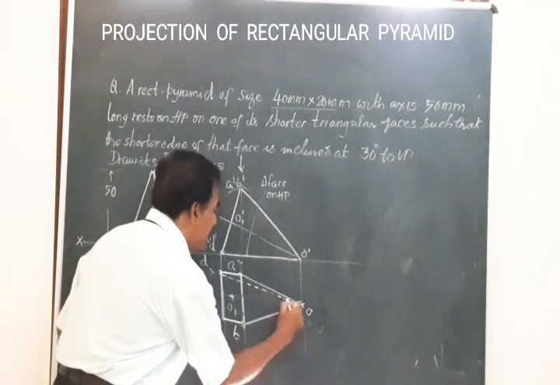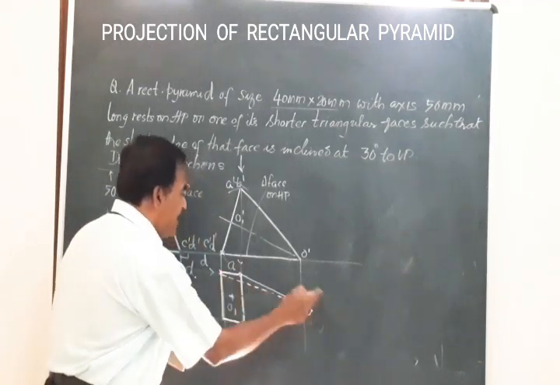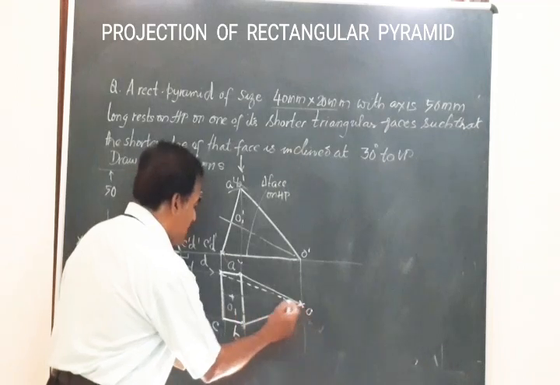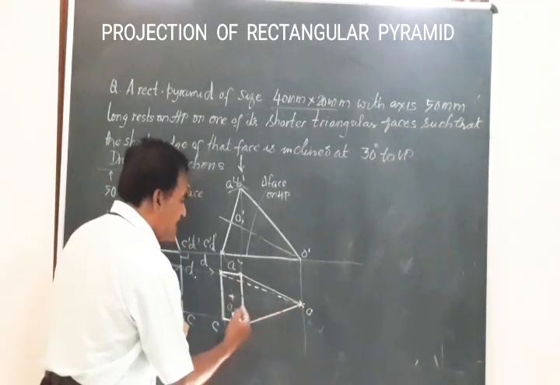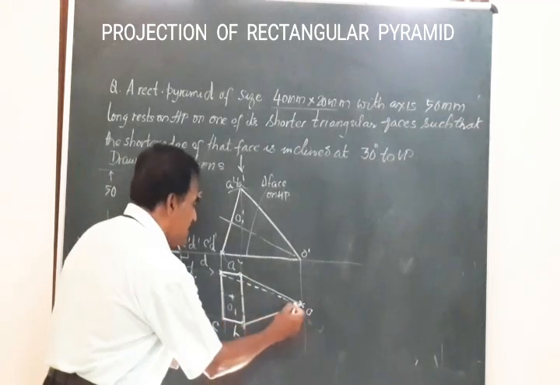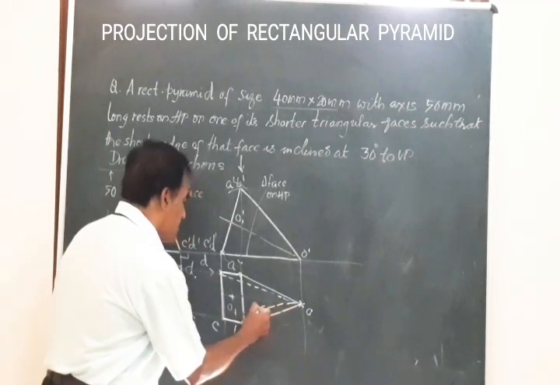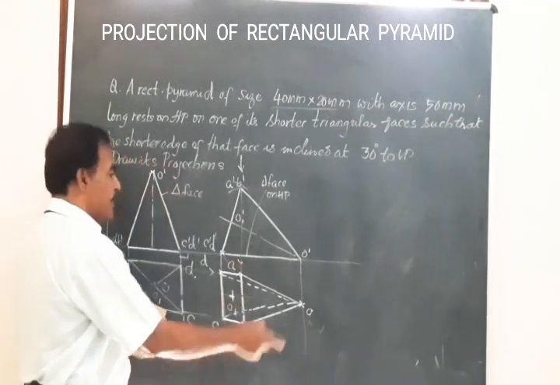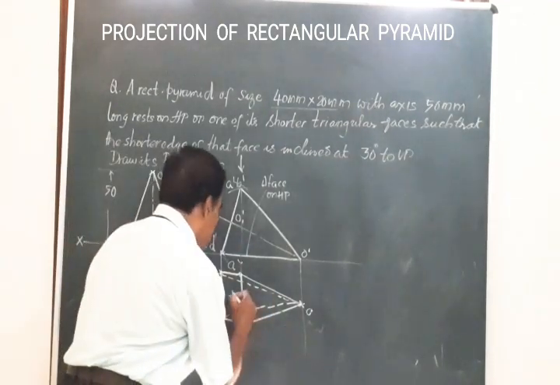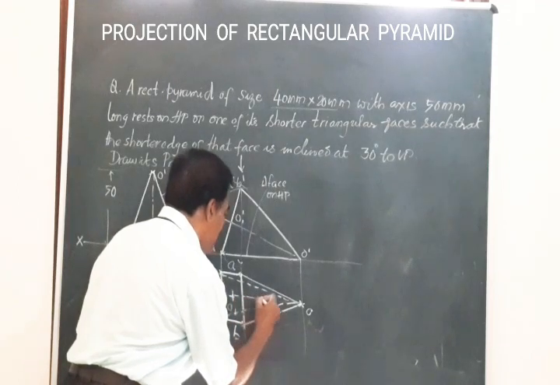A dotted line indicates a line or an edge which is not visible. Likewise, when you are joining O to C, it is intersecting the same line AB, and hence even this has to be a dotted line. So we have the center, we have this axis. O1 represents the axis of the solid, dash dot, dash dot.